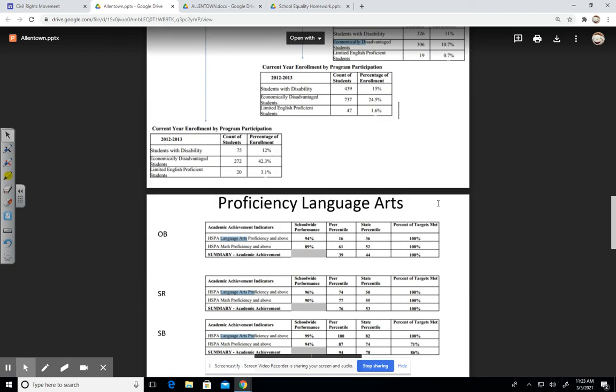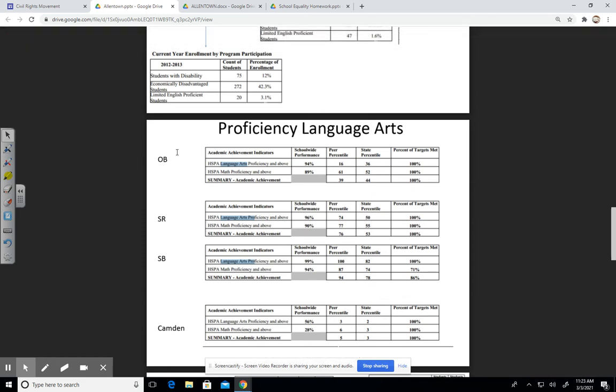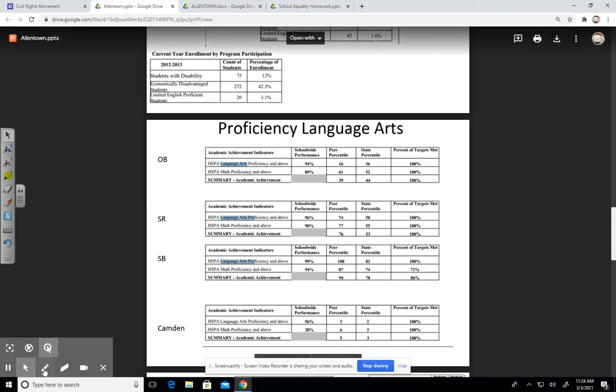Let's continue looking at some of the data. Here we're looking at language arts proficiency. We're comparing again Old Bridge, South River, and South Brunswick, and looking at school-wide proficiency on this particular test. We see the state percentile, and we can see what the school performance is on this assessment.